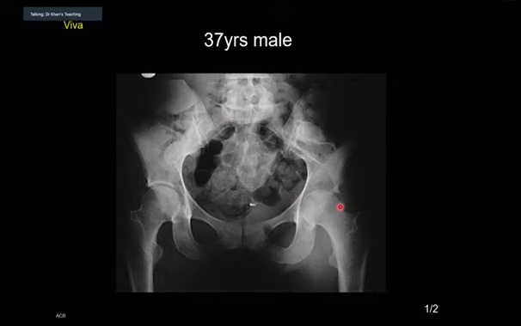And you can see that on the left side, that sclerosis is not present. And you can see a bit of lucency here. So it means that these are signs of septic arthritis. Of course, you picked up the obliteration, etc. But overall, this is a subtle finding of septic arthritis.